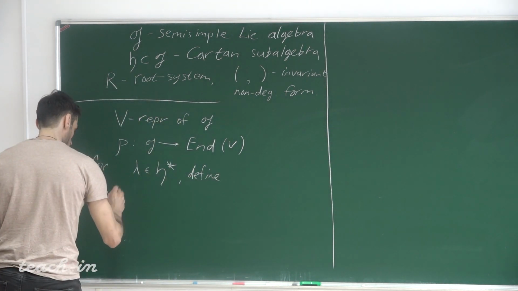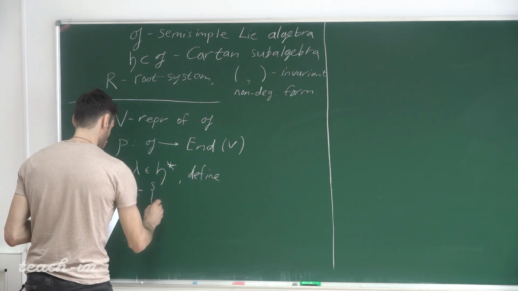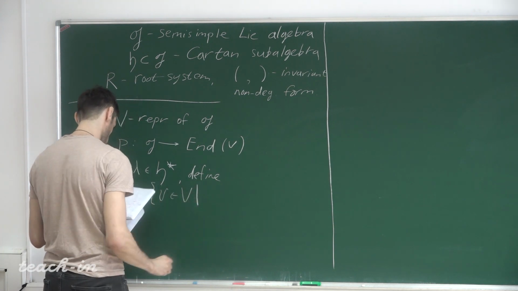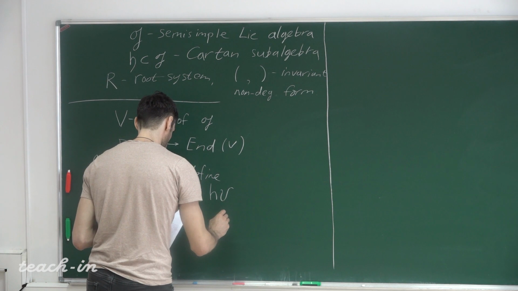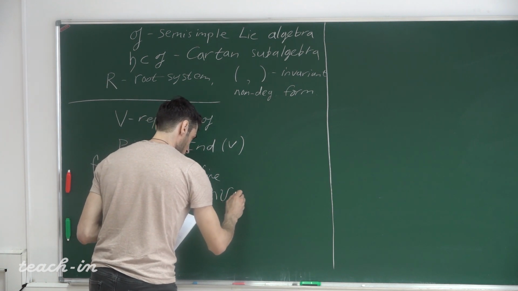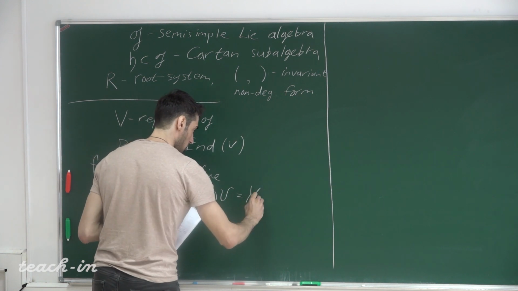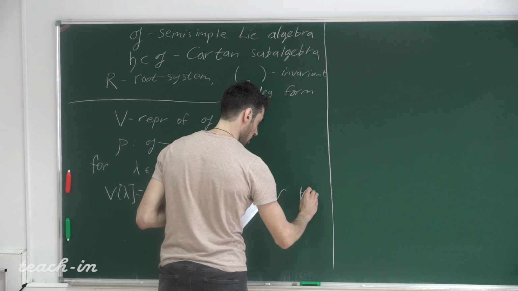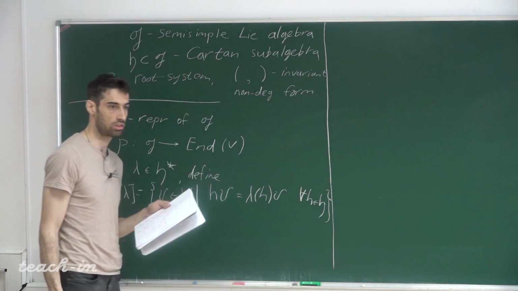V of lambda is the following set: all vectors in V such that H acting on V is a multiplication by the number lambda of H, and this is for every H in the Cartan subalgebra.